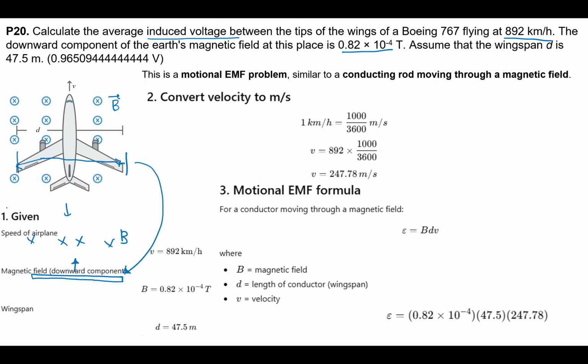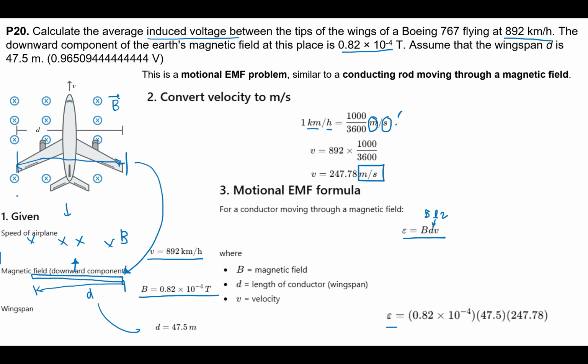Here is the wingspan. Here to here is D, and D is given by this one. The magnetic field is given, the velocity is given. The only thing we need to worry about is the units. Kilometer per hour should be converted into meter per second, so that we have meter per second in velocity. The motional EMF for this kind of rod is vLB, and L becomes D in this case.